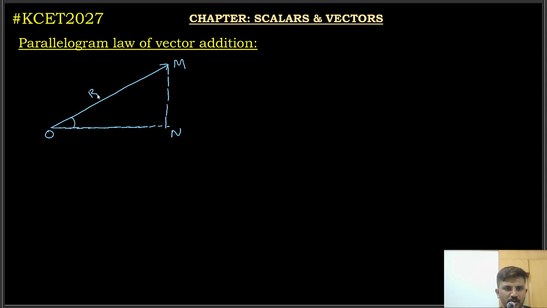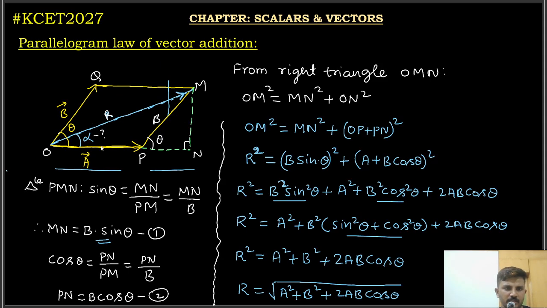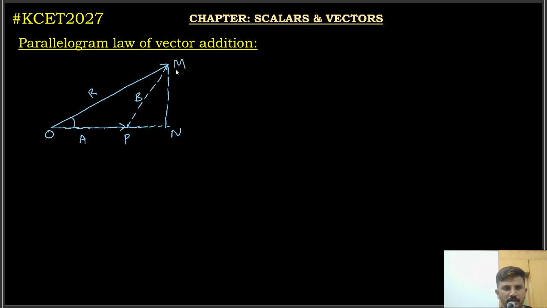The value of R is given here. So I need ON value and OM value. Here we have P. Correct? From P we have drawn a vector. What is that? That is the vector B. O to P, the vector is A. Look at this: A, B, MN, PN, OP. This lower part I am writing. This will be theta.